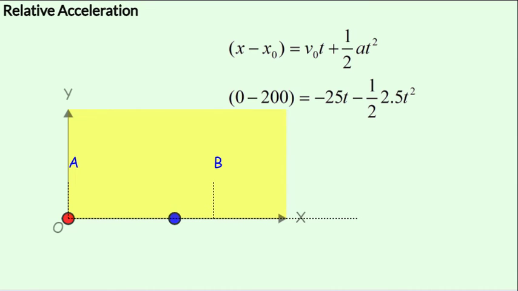Let's plug these values into the second equation of motion. And these values have to be the values of the displacements, velocities, and accelerations of B with respect to A. We had the initial displacement as 200 meters, the final displacement as 0, the initial velocity as minus 25 meters per second, and the acceleration as minus 2.5 meters per second squared.